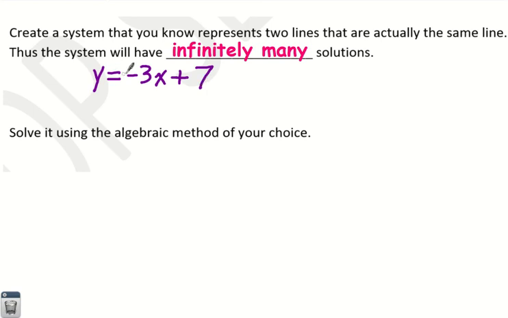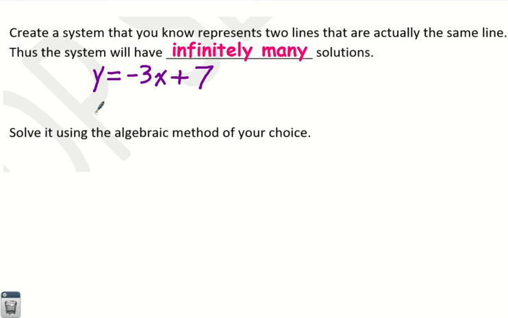But couldn't I move some things around for the other equation so that they weren't blatantly, obviously the same, they were the same equation, but it was kind of in disguise. So I could move this term to the other side, and I could write down 3x plus y equals 7.